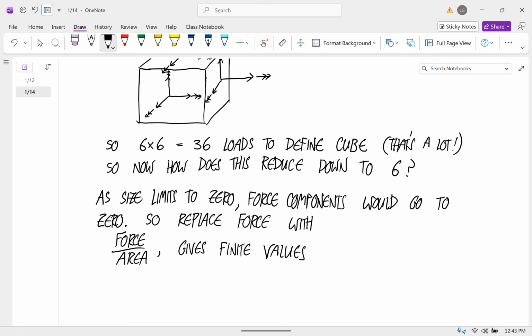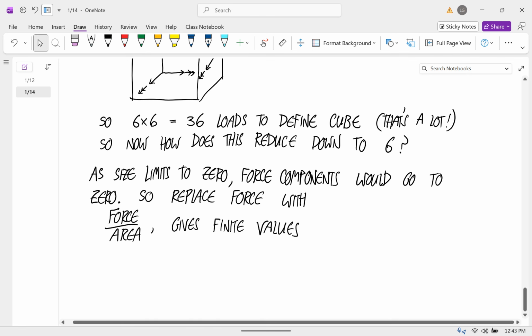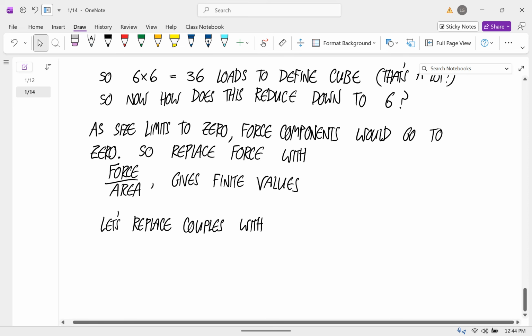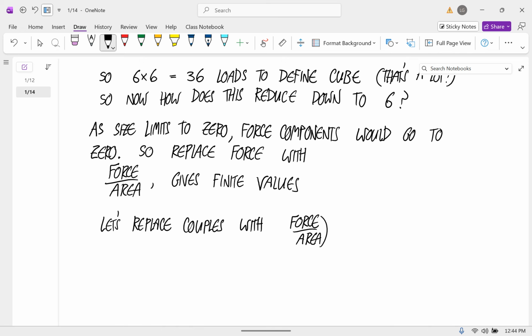And now our first reduction is, let's replace the moments, those couples, with something like force per area times the distance between the forces.